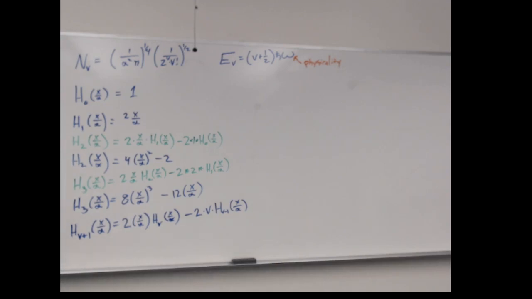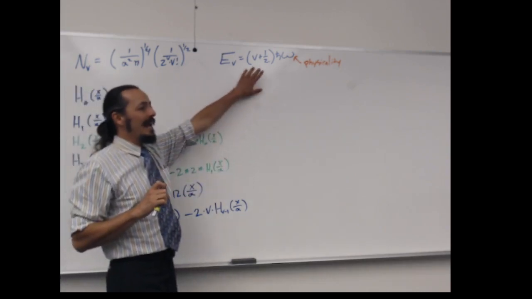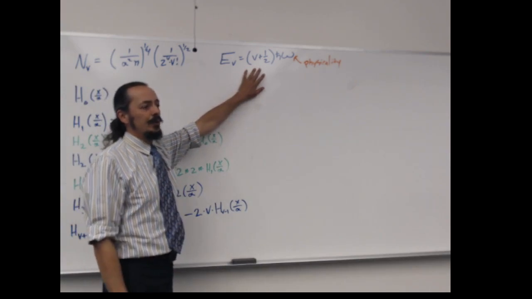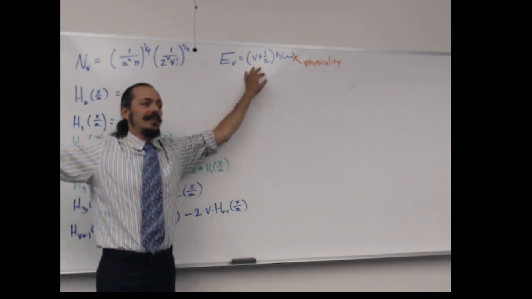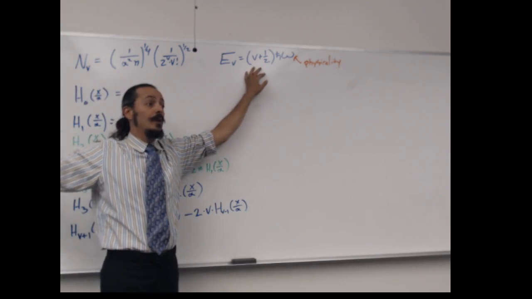Is there a reason why it's v plus 1/2? Is it easy for me to get to that with these mathematics? No. Why it ends up like this is really difficult to derive from just having the Schrödinger equation.